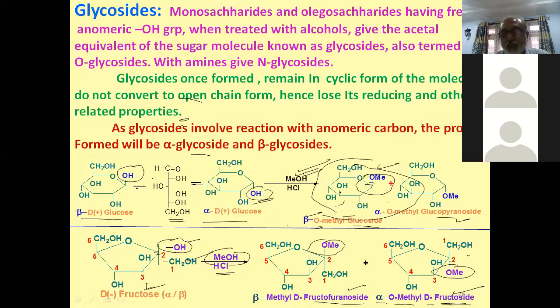That means all the properties associated with the aldehyde group will not be there. So that is why, in the second green paragraph you just see, a glycoside once formed remains in the cyclic form of the molecule, does not convert to the open chain, hence loses its reducing properties and other related properties. That means all glycosides will be non-reducing in nature. So remember that point.